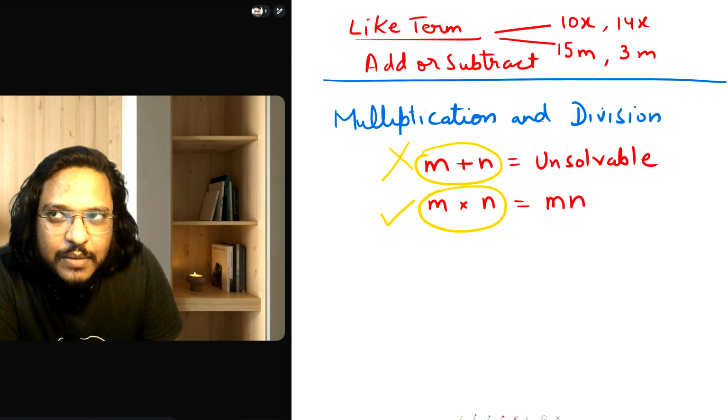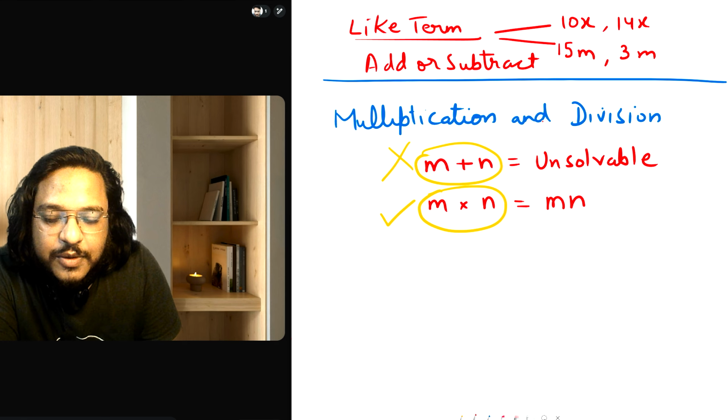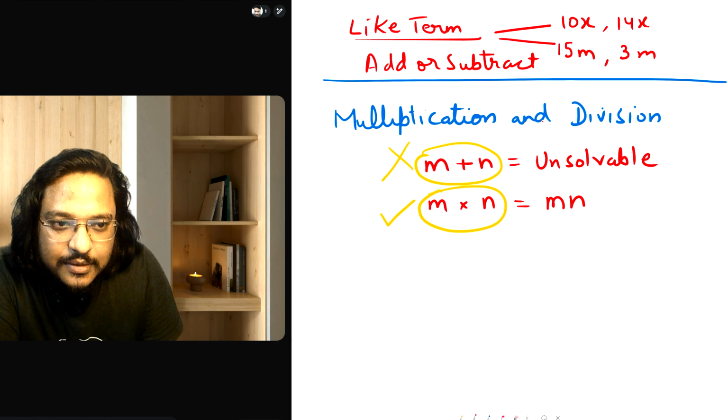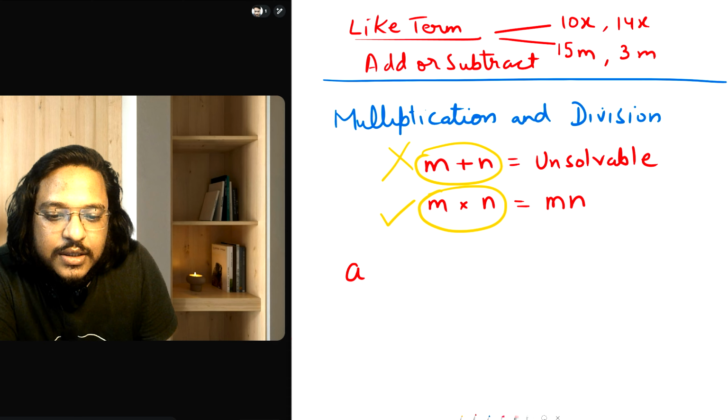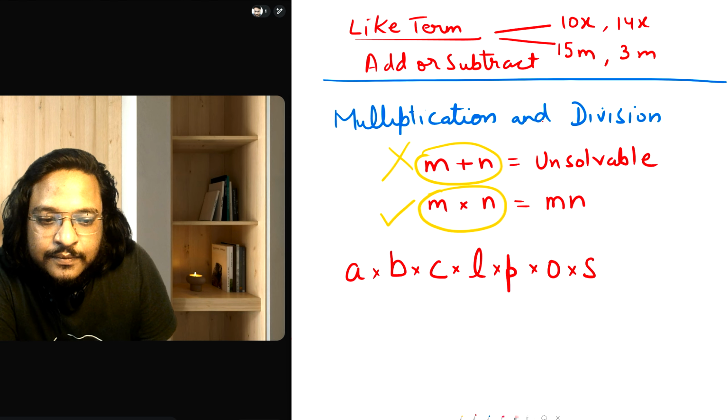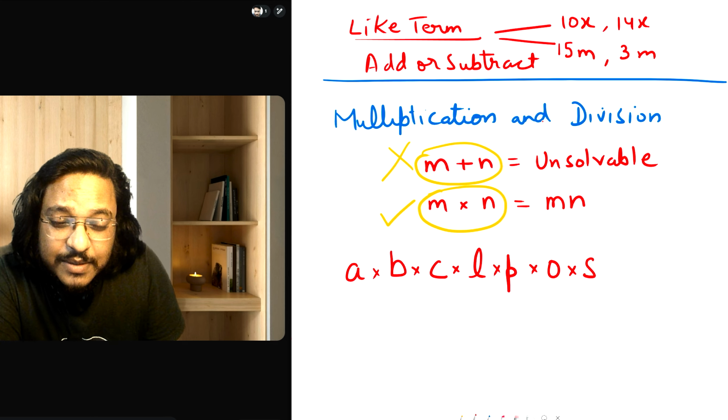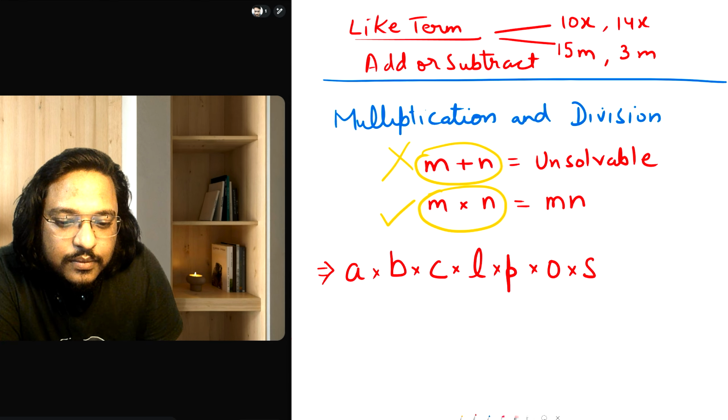So if multiplication is so easy and completely non-rigid, then can we also multiply A times B times C times L times P times O times S? Can we multiply all of these together and write the answer?